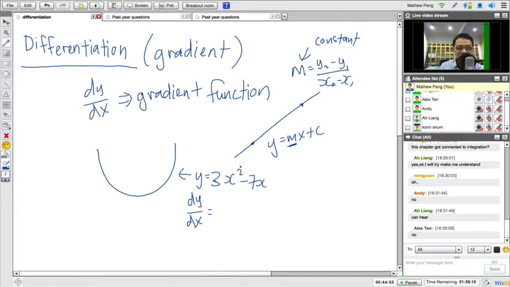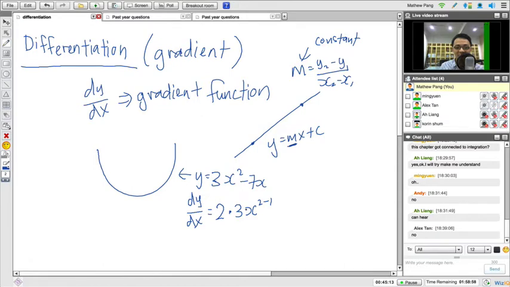We move the power in front and then we minus 1 from the power. So I move the 2 in front, multiplied with 3x, and then the power 2 becomes 2 minus 1. This is what happens in differentiation. For -7x, if I differentiate 7x, what will happen? 7x means x to the power 1, right?